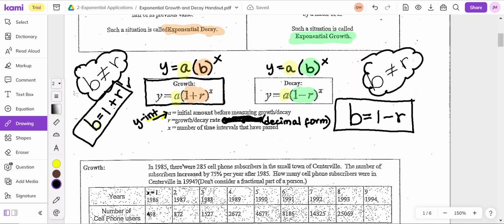If your rate is changing monthly or being calculated monthly, then your time is going to be how many months, not how many years. If your rate is being calculated daily, then X is going to represent the number of days, not the number of years. So that's why they say the number of time intervals, because it depends on how you're calculating your interest.